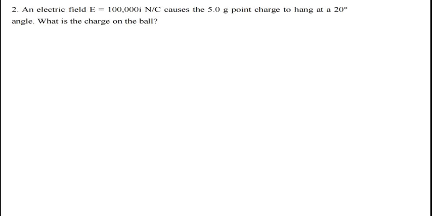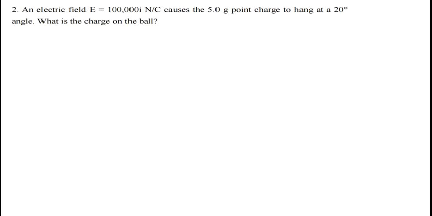Okay, so now think of this. Let's first understand the question. We have an electric field which is making this 5 gram charge, or we can say a ball, hang at an angle.